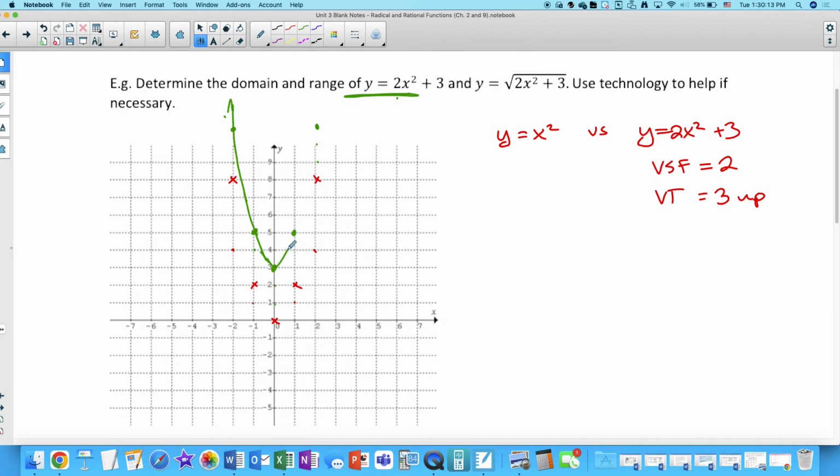There is my parabola. Okay, and then what I would probably do is I would erase all of the red x's because I don't want to confuse myself. But definitely I would put those in as a guide because you have to apply stretches first. Then you can do the translations. Okay, so I'm going to erase these now because I've already gone up 3 from all those points.